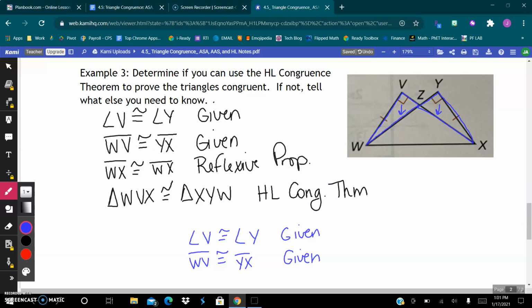So we are unable to prove, even though our picture looks like they're the same, that their hypotenuses are the same. And remember, if we can't prove it, then it isn't true here. We can't just go by looks in the picture.